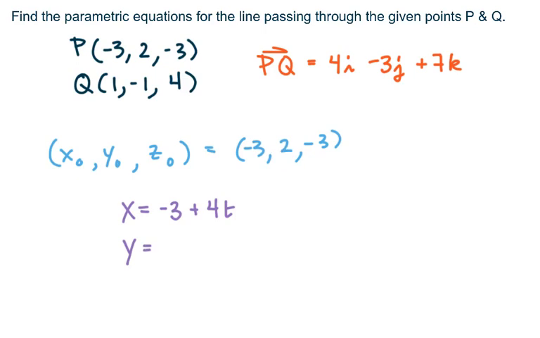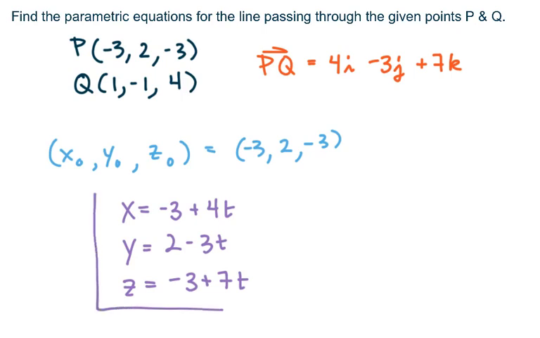Y would be 2 minus 3t. And my z would be negative 3 plus 7t. And so this is my solution. These represent the parametric equations for the line through those points.